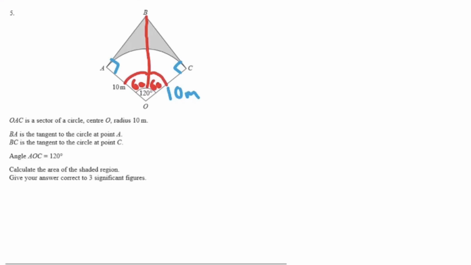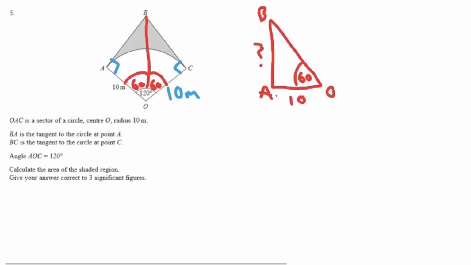Just looking at the left-hand side in isolation, if we tip it slightly so that 10 is a base, we have our 60 degrees here, we have our 10 metres here, and this is our BA that we're trying to work out. Well, it's a right angle triangle, we have an angle, 2 sides are involved, we'll be using our trigonometry.